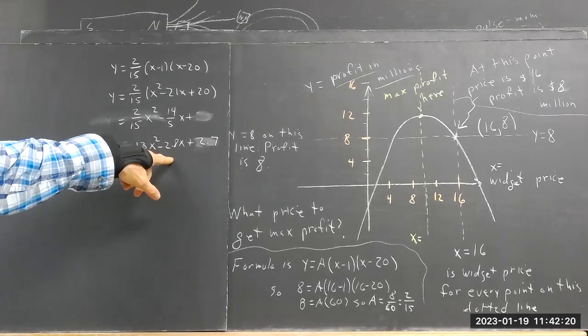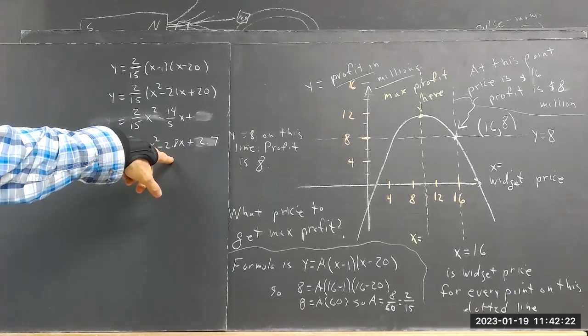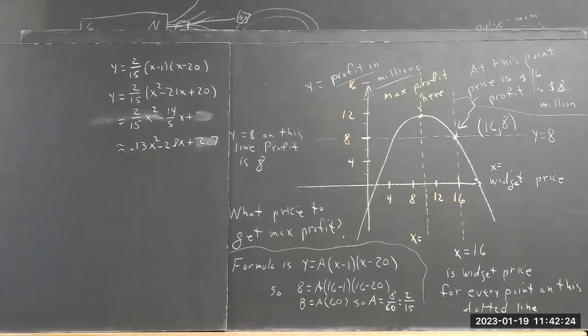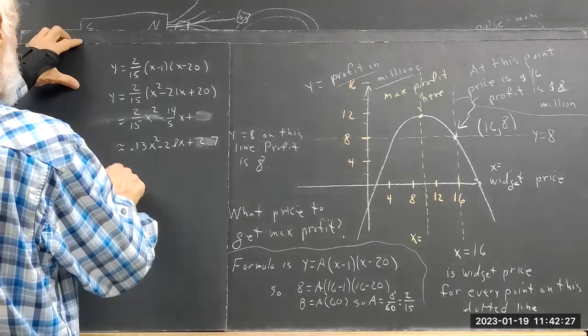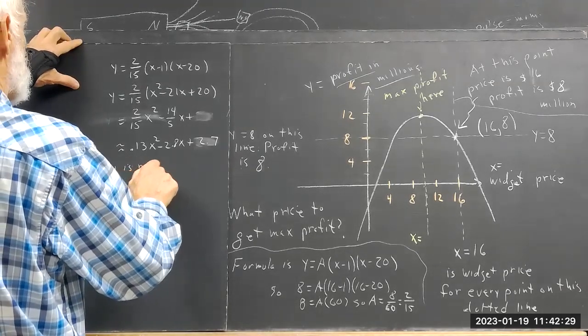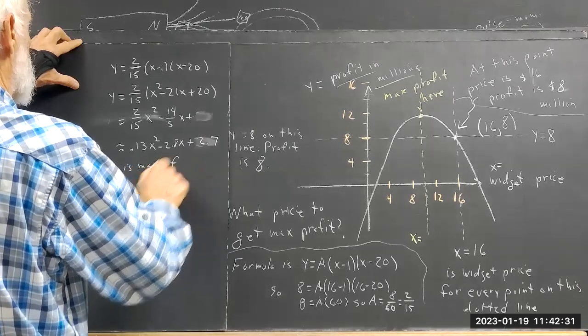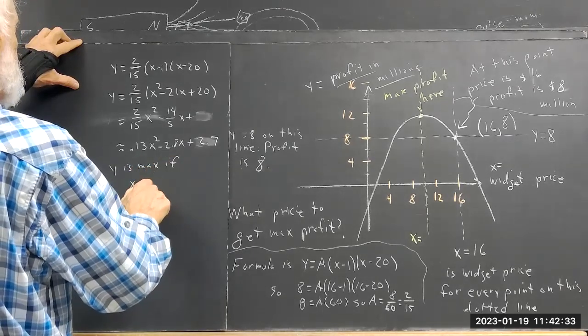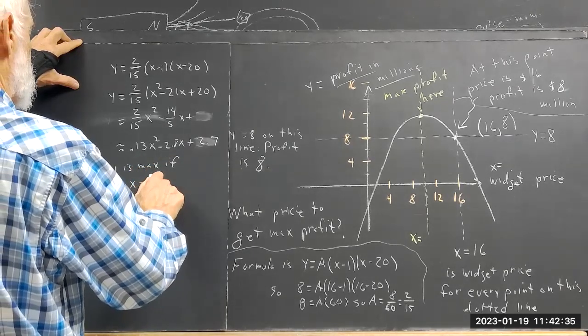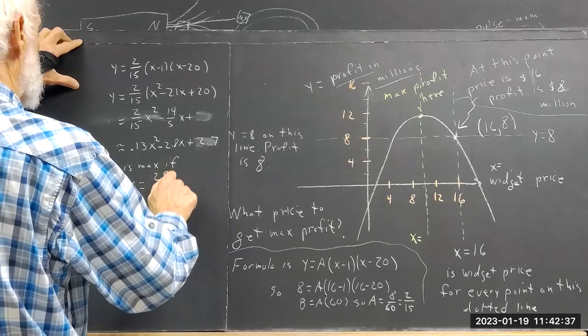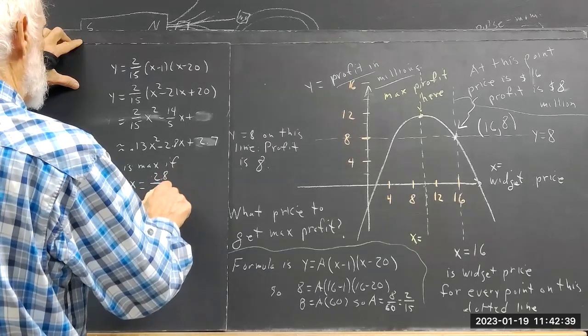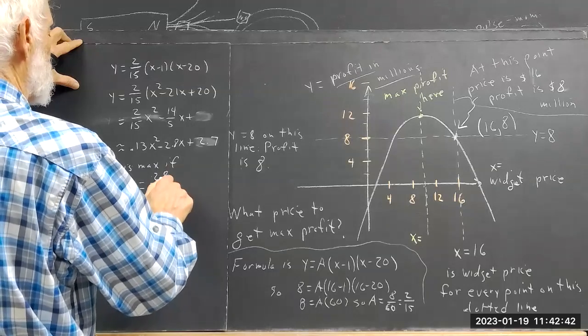Okay, well, you analyze this function. And y's maximum is if x equals 2.8 over 2 times 0.13.